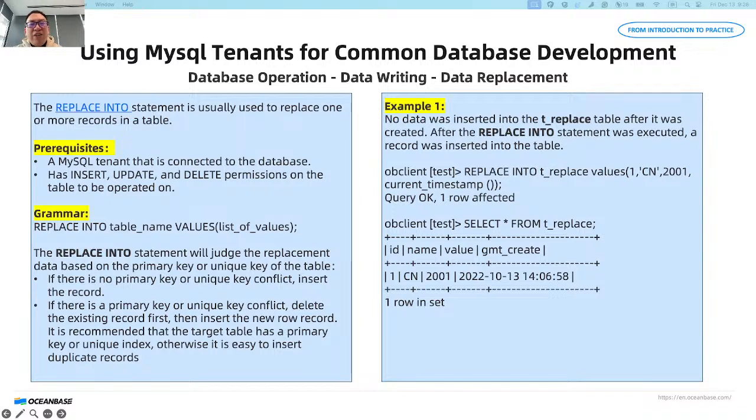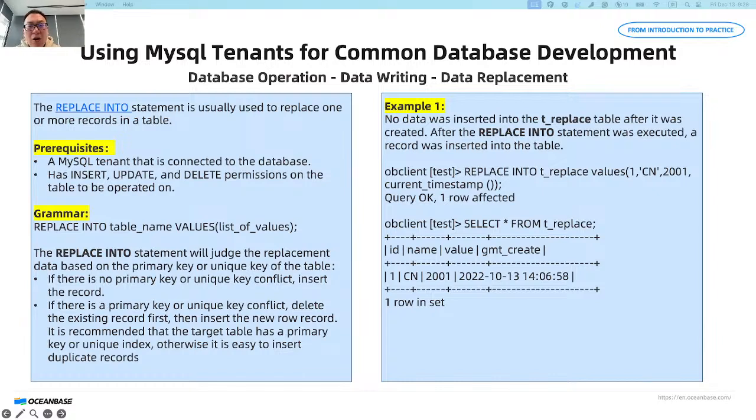Next, we will briefly introduce the replace into statement. We need to note that the table needs to have insert, update, and delete permissions to use the replace into statement. The replace into statement will judge the replacement data based on the primary key or the unique key of the table.